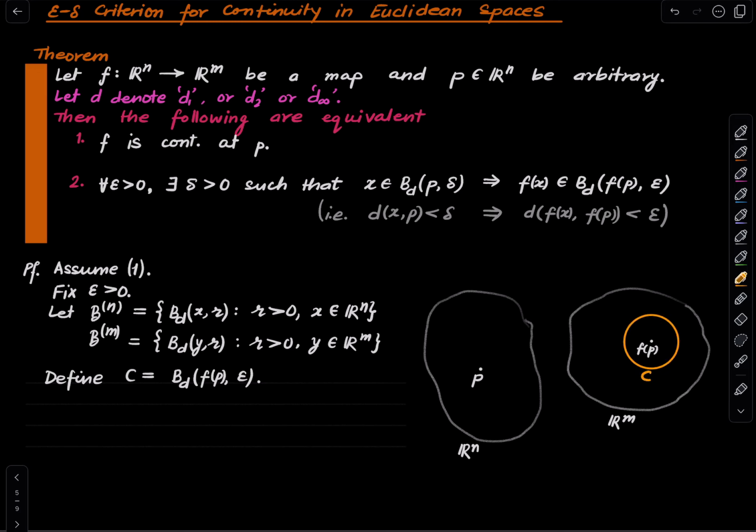That is C. And now by the previous proposition, we know that there is B in the basis for Rn such that B contains P and the f image of B is in C.